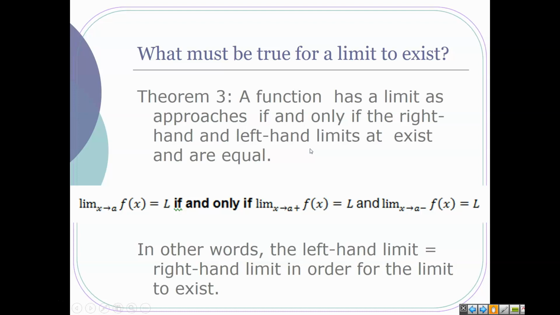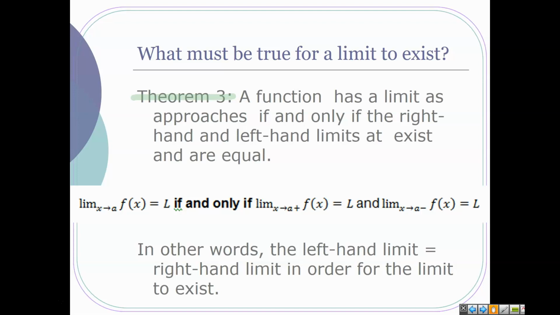A function, and this is huge, Theorem 3 is important. Theorem 3 says a function has a limit if and only if the right hand and left hand limits both exist and equal the same value.